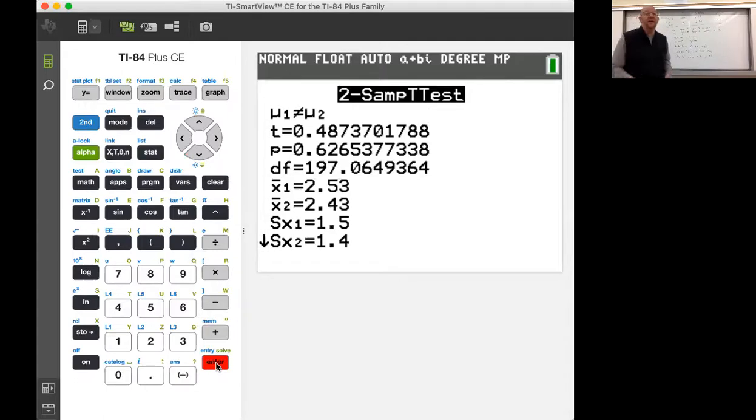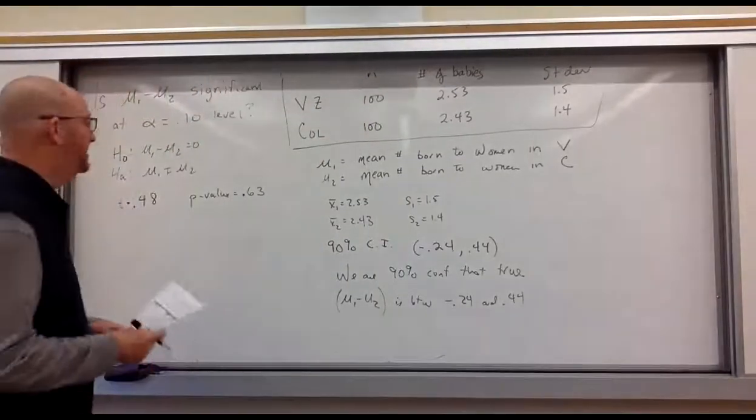And you can see that we have a t-value of 0.48 and a p-value of 0.63. Wow, that's pretty high, isn't it? So what is that telling us?